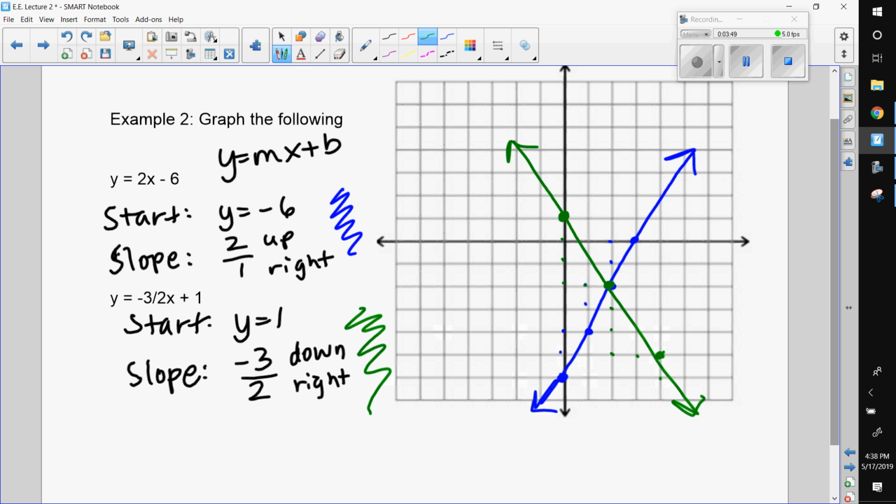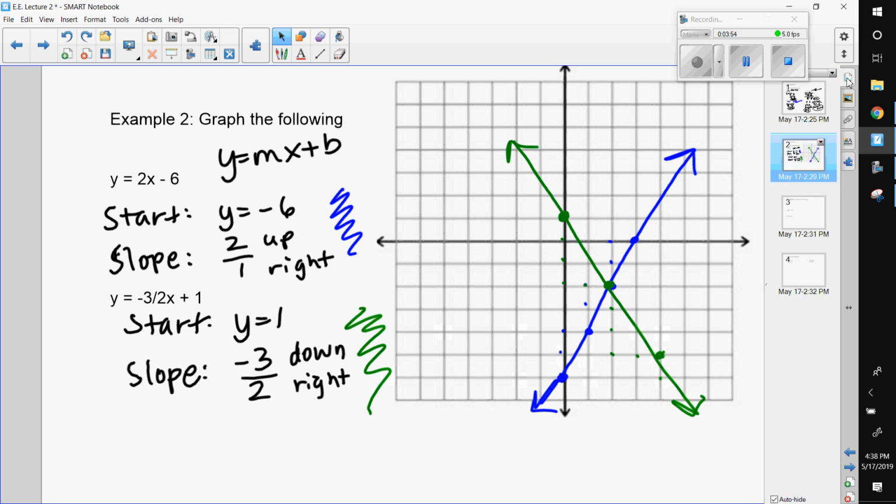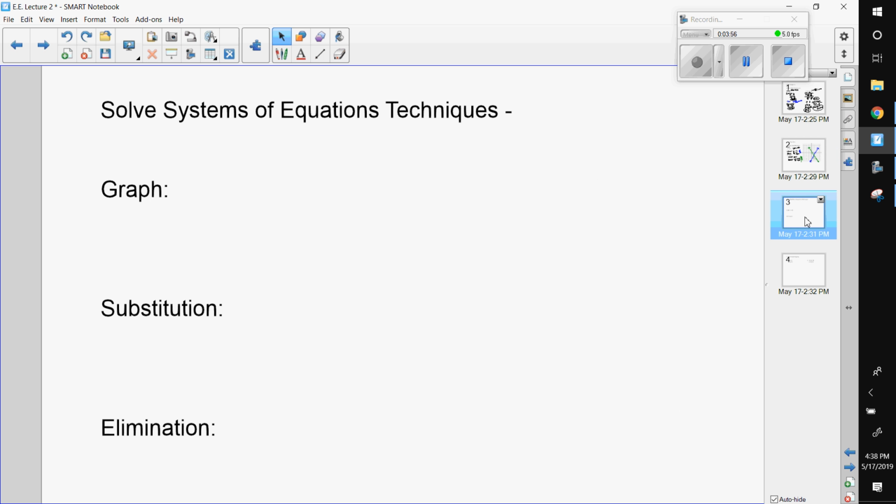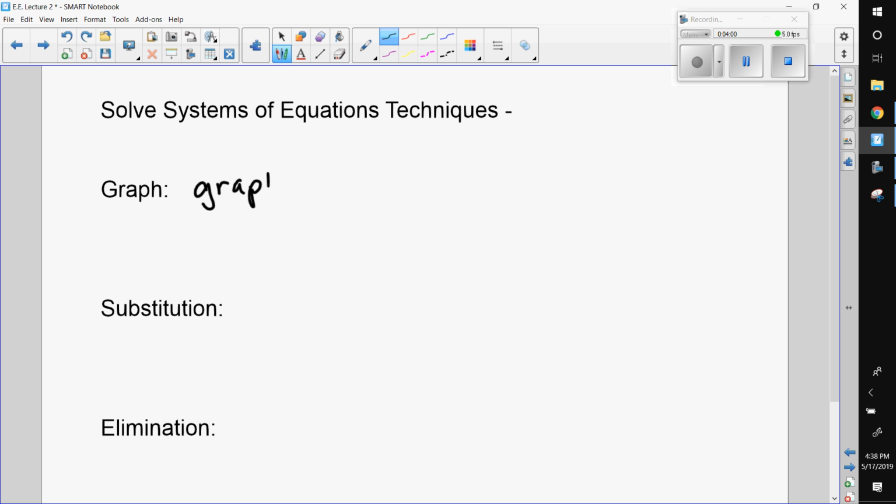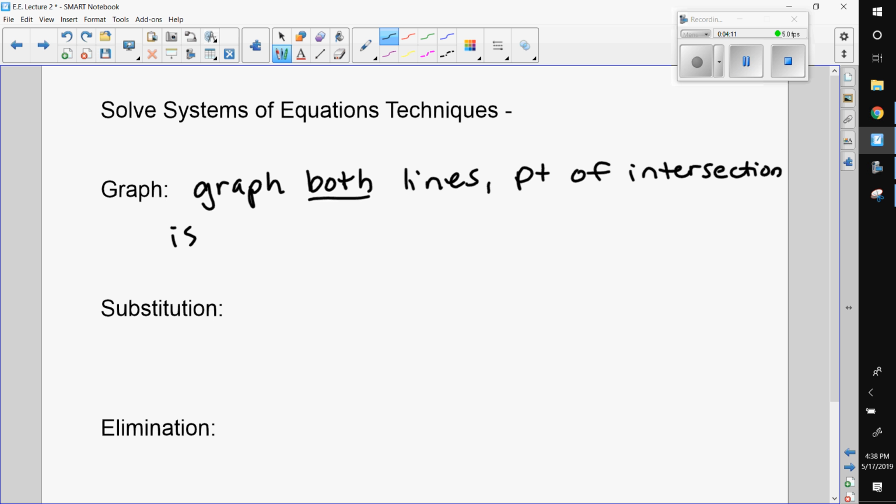Okay, it's just graphing basic lines, and the reason we need to do that is because if we want to solve a system, we also can have that as one of our options. So for solving a system, you can graph both lines. The point of intersection is your answer, and it's going to be an ordered pair x comma y. All of these are going to be an ordered pair answer.